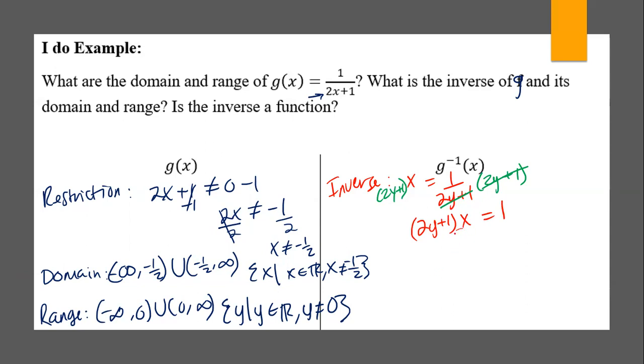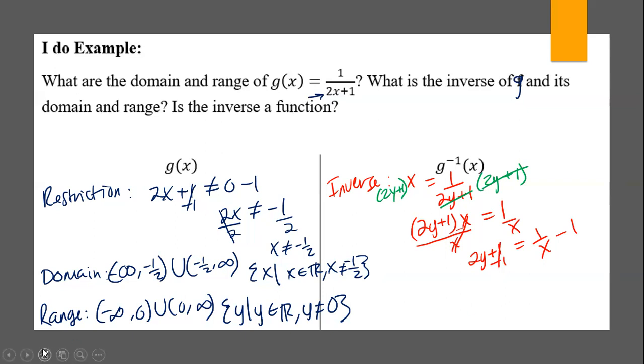Instead of times x, what am I going to do? Divide by x. I told you I didn't make this box big enough. So I have 2y plus 1 equals 1 divided by x. What's next? Minus 1, done.